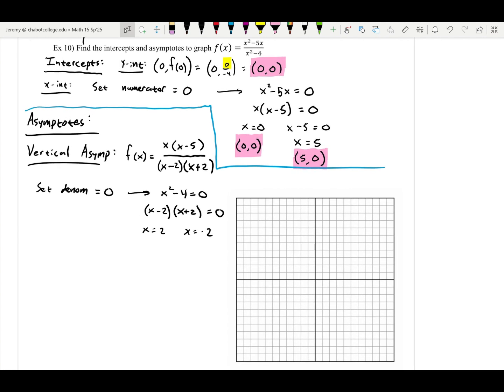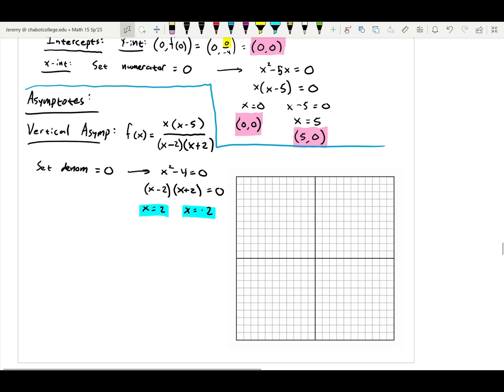And now these two little equations are actually the equations to my vertical asymptotes. So let me highlight these. So the line x equals 2 is just the vertical line going through x equals 2 on the x-axis. And x equals negative 2 is the vertical line at x equals negative 2. Okay, so that concludes vertical asymptotes.